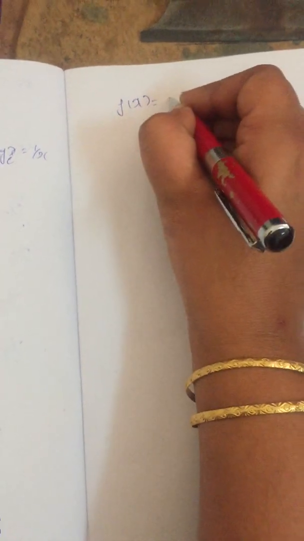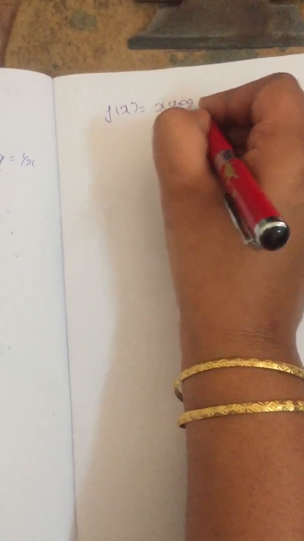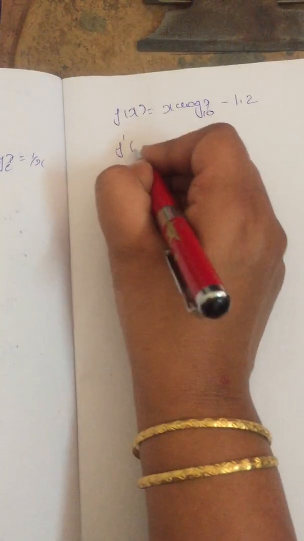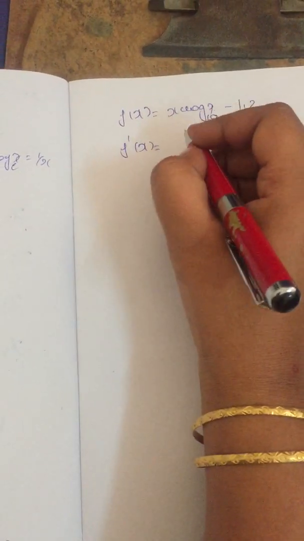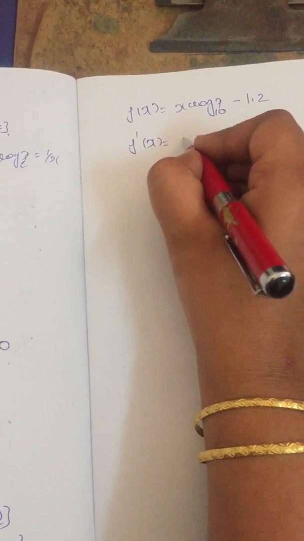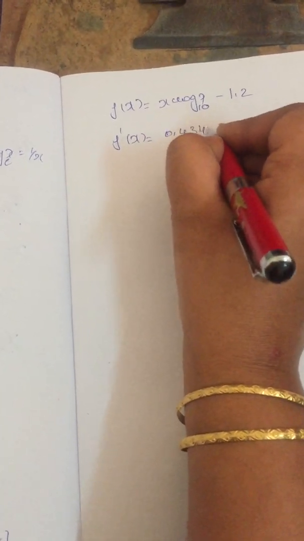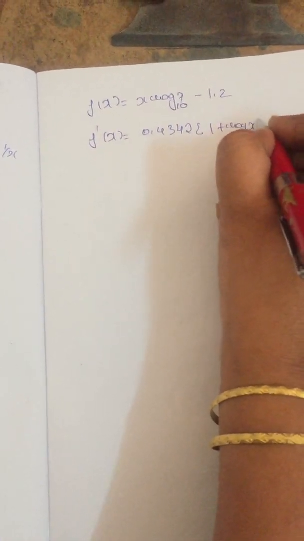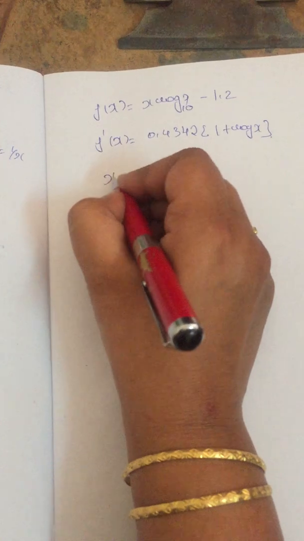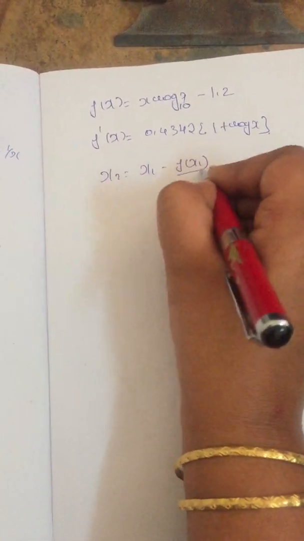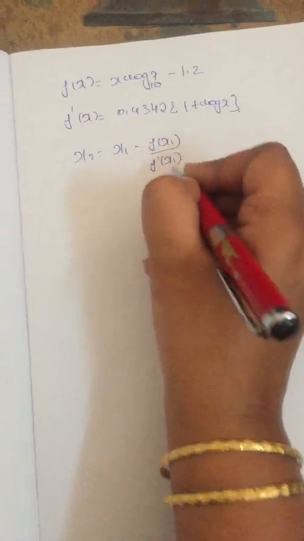Then we go to the second iterative value. Here f of x is x log x base 10 minus 1.2, and f dash of x is 0.4342 into 1 plus log x. Then x2 is equal to x1 minus f of x1 divided by f dash of x1.